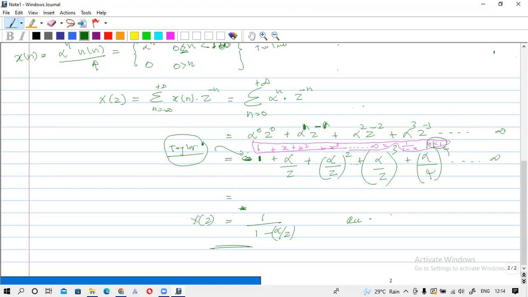So the magnitude of x should be less than 1. What is x here? Alpha by z. So we have the magnitude of alpha by z less than 1.